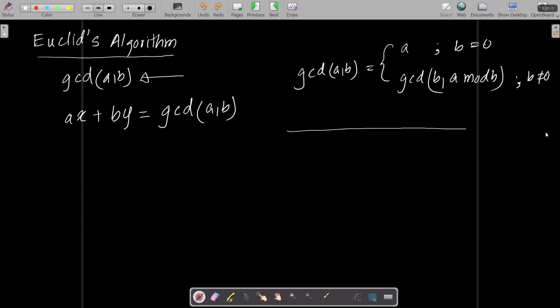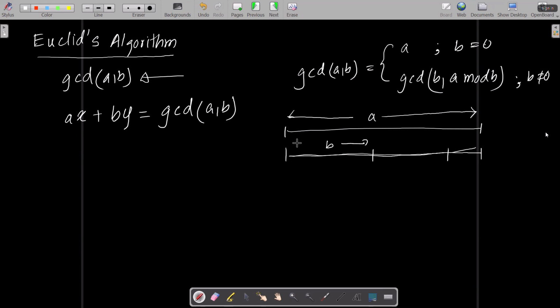So how you can see that is, let's say this is A. Now we will say A is greater than B. So this has the length of A. I'll take something similar to that and say this length is similar to A and this small length is similar to B. And we have two B's here, and this part here is A mod B. You can see that, right?